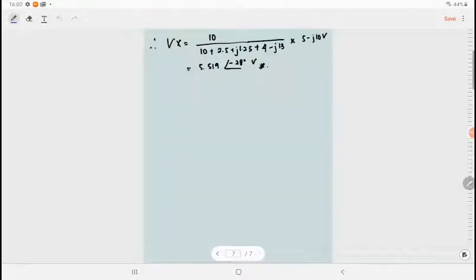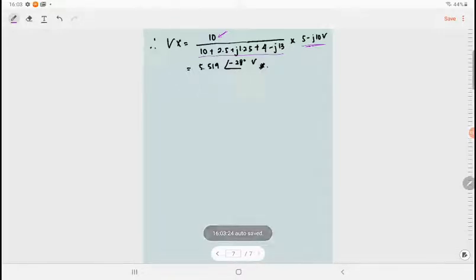So this is what we get over here: the resistance at Vx divided by the total impedance, times your Vs, 5 minus j10 volt. So by using a calculator, we get the value of Vx equal to 5.59 with an angle of negative 28 degrees volt.